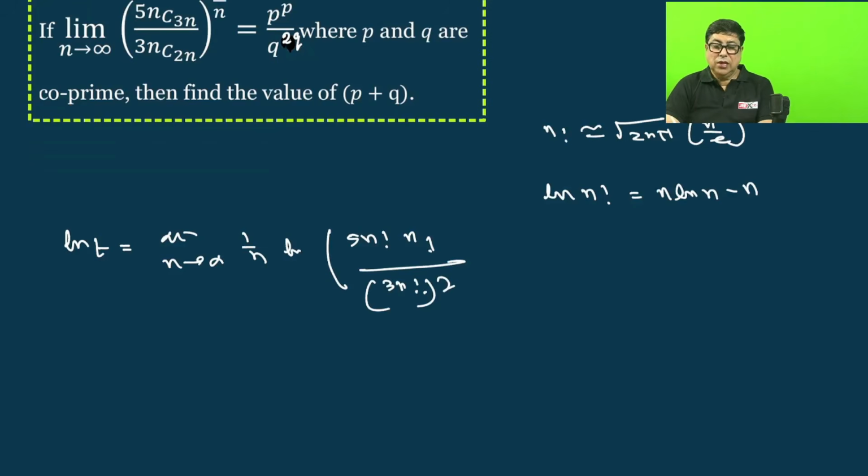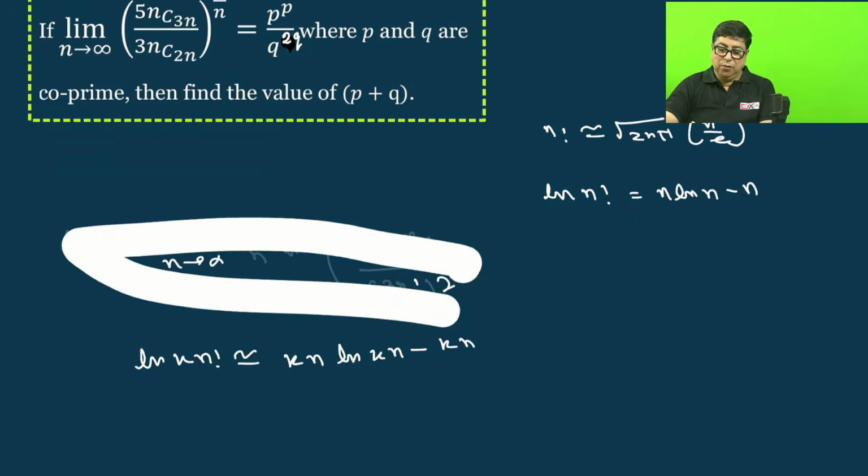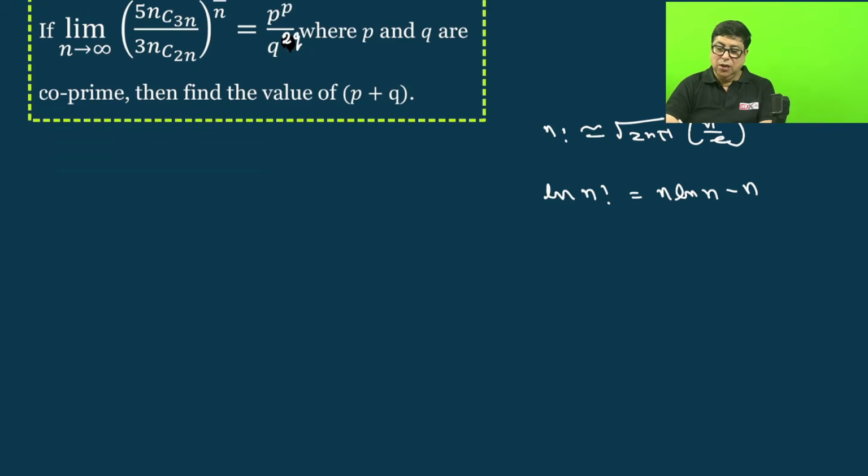So we are using the Stirling approximation. Here the Stirling approximation says that ln kn factorial is nearly equal to kn ln kn minus kn. If we use this approximation, just wait, I need some space to calculate.